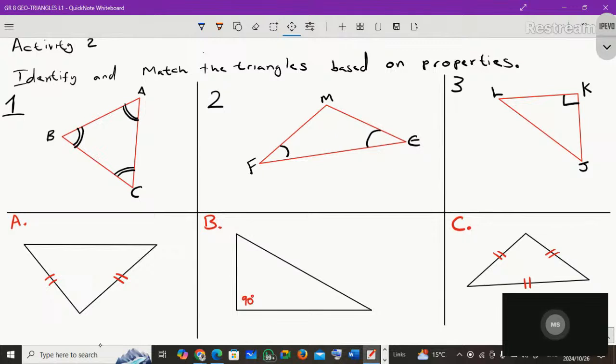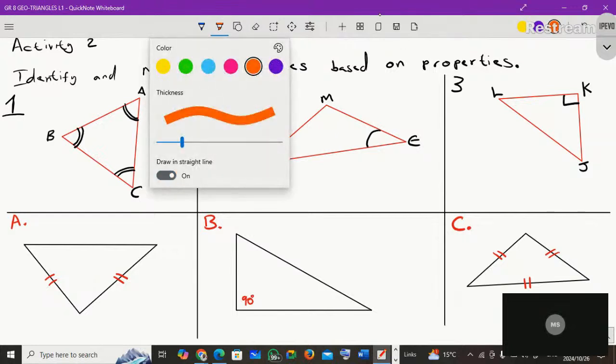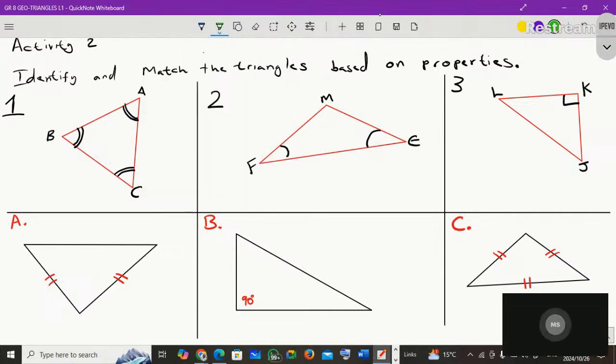Okay, now the first triangle, the triangle that we see, it's having these signs. If you can see, these signs show that these angles are equal. As you can see here, we are given 2 lines, 2 lines, 2 lines.